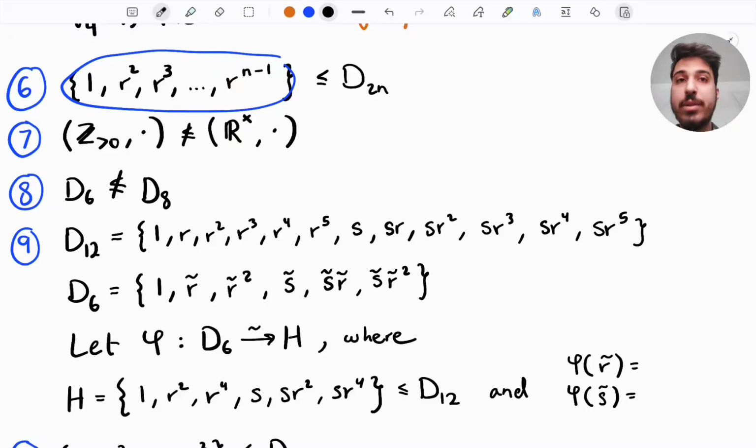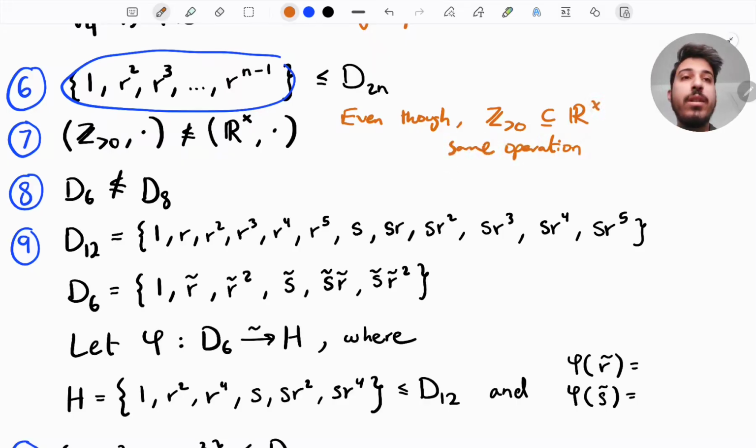So example number 7, we have that the positive integers Z greater than 0 with multiplication is not a subgroup of R star with multiplication. The reason being, even though Z greater than 0 is a subset of R star and they have the same operation, Z greater than 0 with the dot is not even a group because it is not closed under inverses.